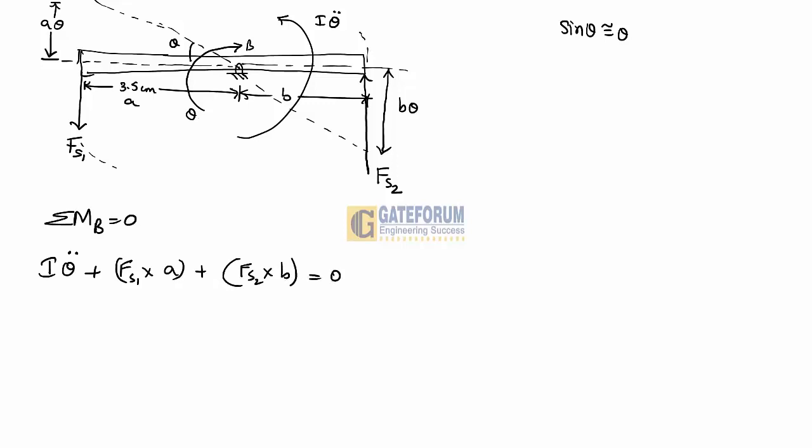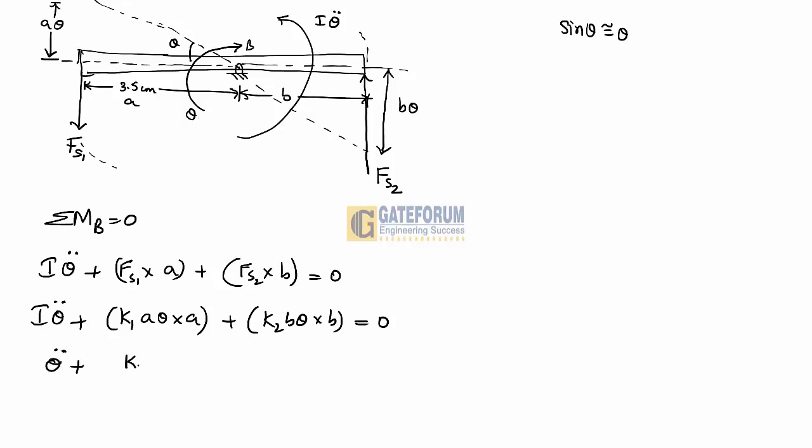Fs1 is K1 into A theta, so K1 A theta into A, plus K2 B theta into B, is equal to 0. So here I can write theta double dot equals (K1 A square plus K2 B square) divided by I, into theta, is equal to 0.